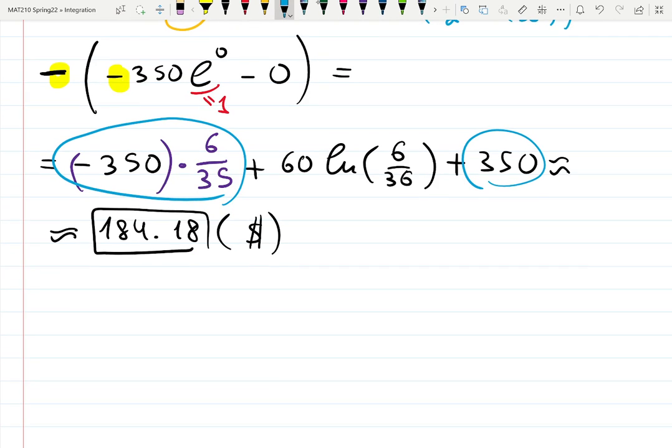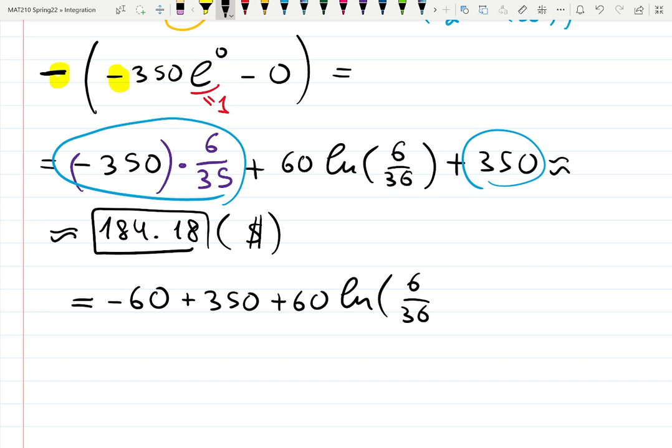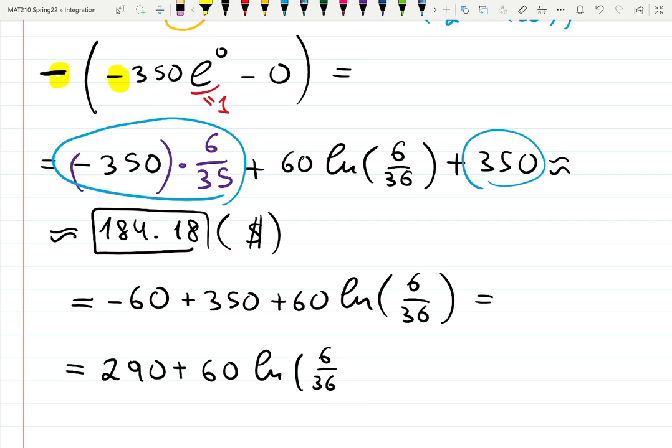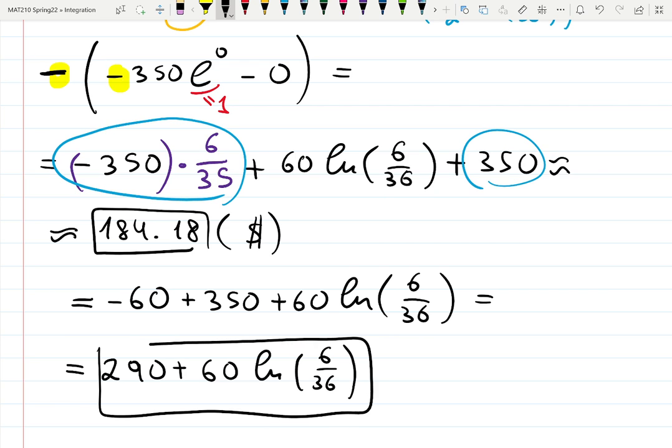Minus 350 over 35 is going to be minus 10, so it is actually minus 60 plus 350, plus 60 ln 6 over 35, equals 290 plus 60 ln of 6 over 35. And because ln is negative, it will be 290 minus 60 times something. So it makes sense. It will give you something smaller than 290, which is 184.18.